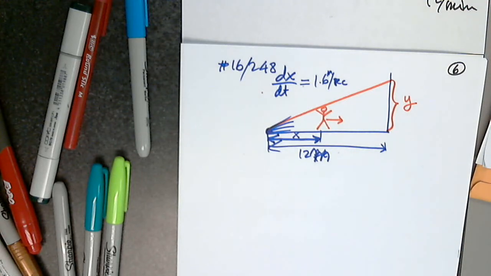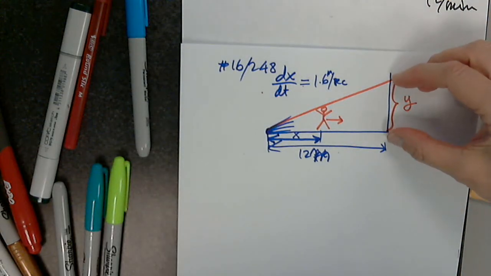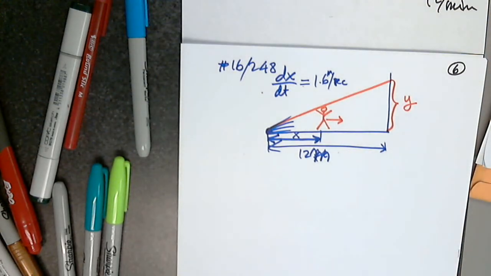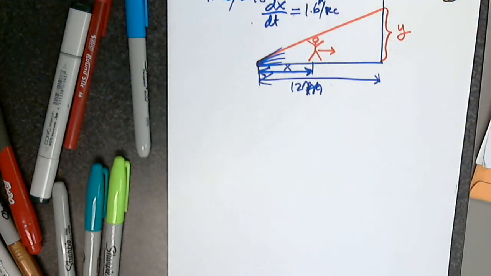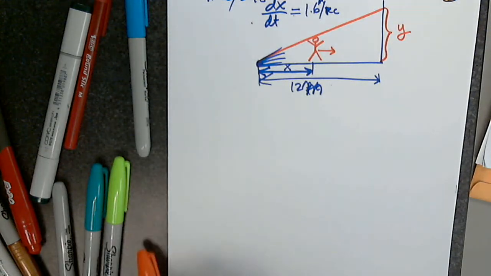So what am I asked to find? I have to picture the shadow, right? Without picturing the shadow, I don't know what variables I'm working with. So then, what am I asked to determine? Let's read it again. How fast is the length of his shadow on the building decreasing when he is 4 meters from the building? What are we asked to determine in this problem?